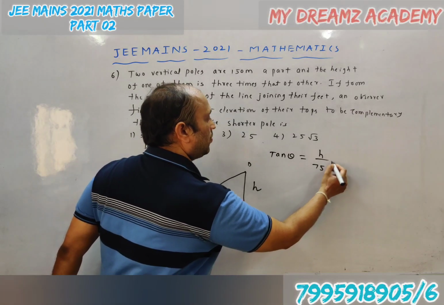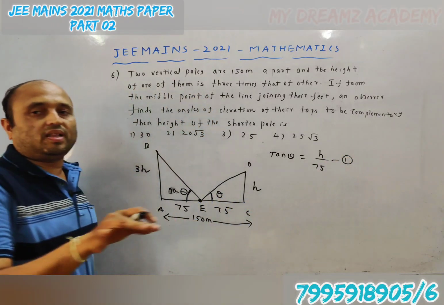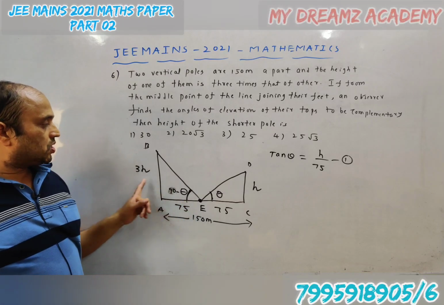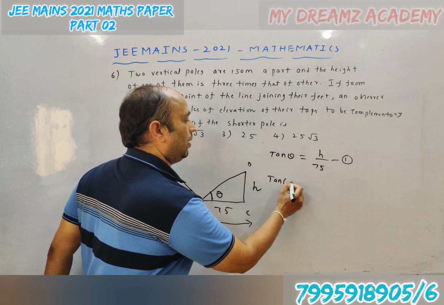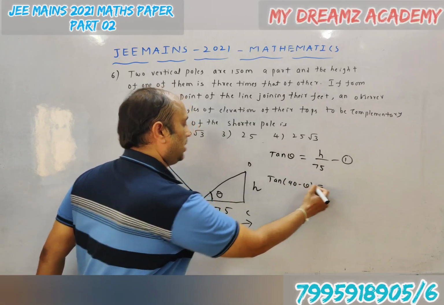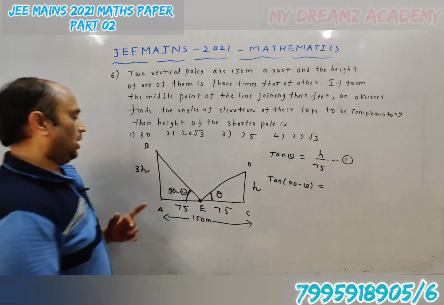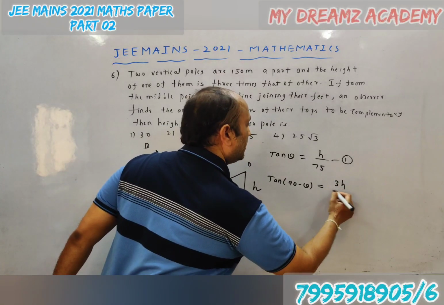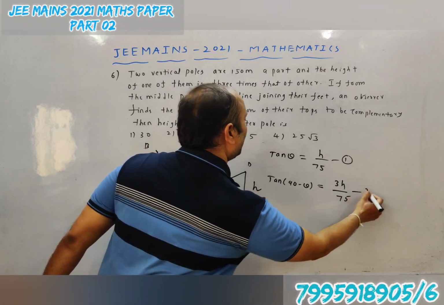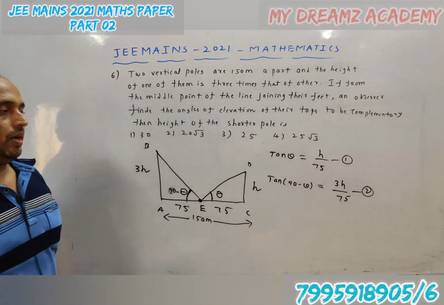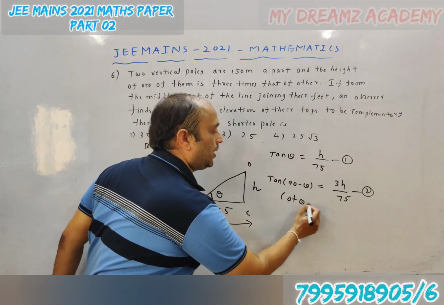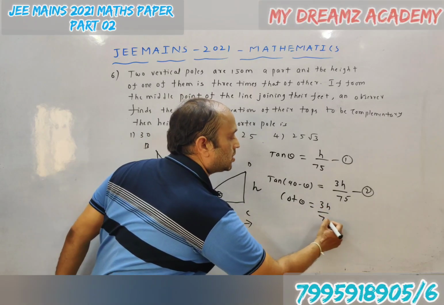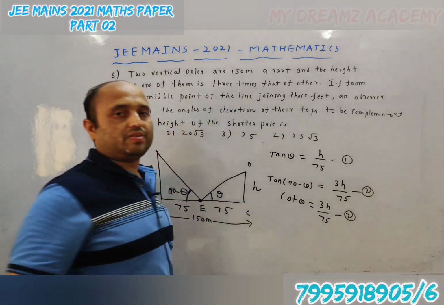That is equation number 1. Now from this triangle ABE, tan 90 minus theta is equal to, same, opposite by adjacent, 3h by 75. Equation number 2. Actually tan 90 minus theta is nothing but cot theta, which is equal to 3h by 75.